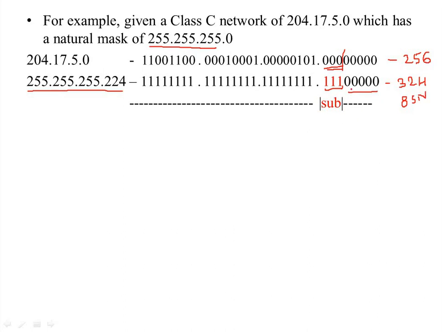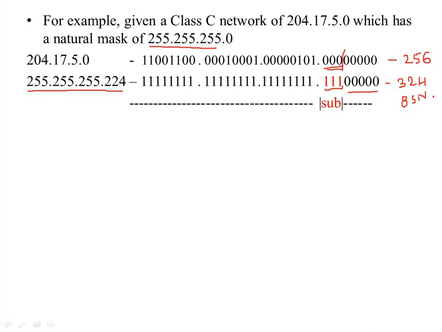But now one subnet will consist of only 32 addresses. The second subnet will consist of only 32 addresses. So similarly I can have 8 logical subnetworks in the network 204.17.5.0, right? This is how you can go for subnetting.